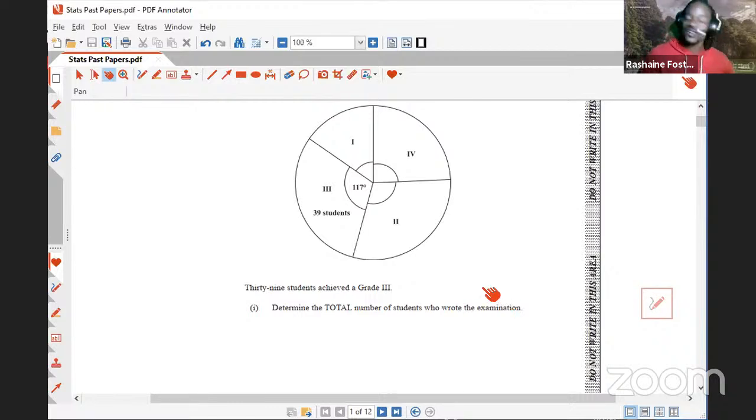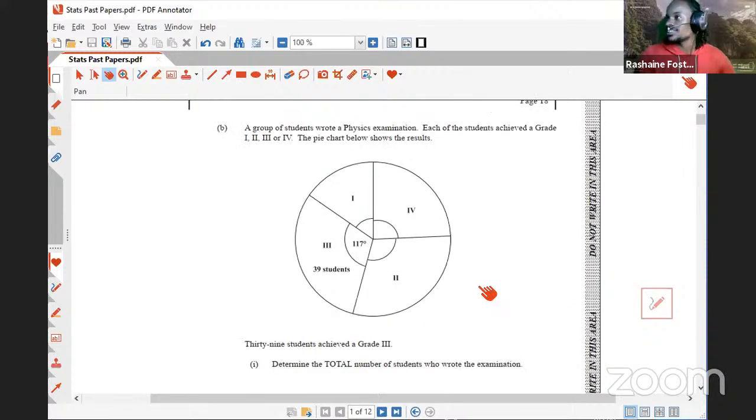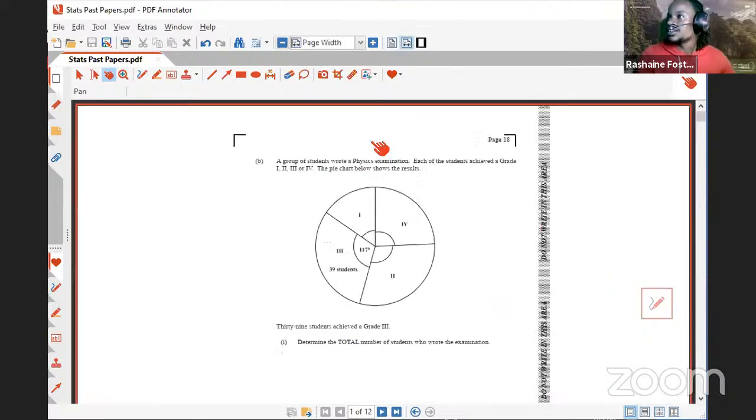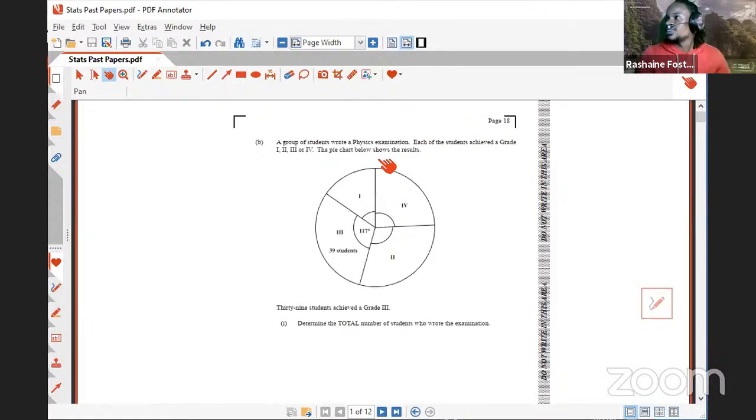All right, so how would we do something like this? If you were in the exam and you got a question like this, what would we do? Do we remember how to do a pie chart question? A lot of times these questions are taught in grade 8, grade 9. So by the time we reach grade 10, grade 11, sometimes we don't remember exactly how we're supposed to work out these types of questions.